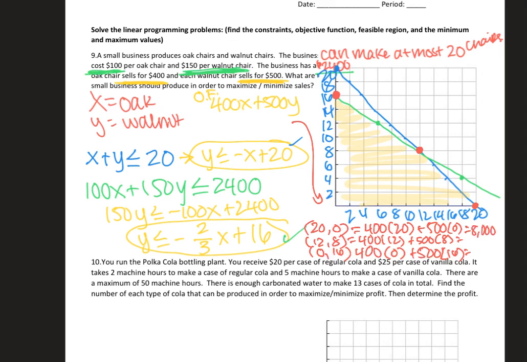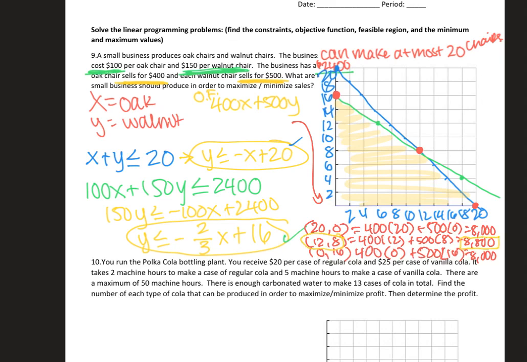Let's see, 400 times 12, 4,800, and then 500 times 8, so plus 4,000. So 8,800. And then this one is 8,000 again. So the one that gave you the most money is your 8,800. So this is your answer.